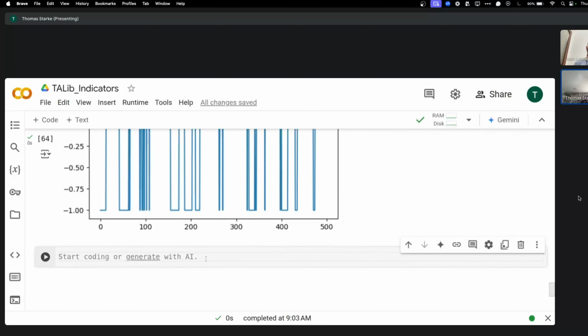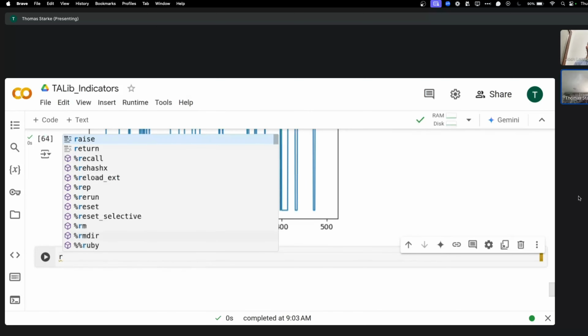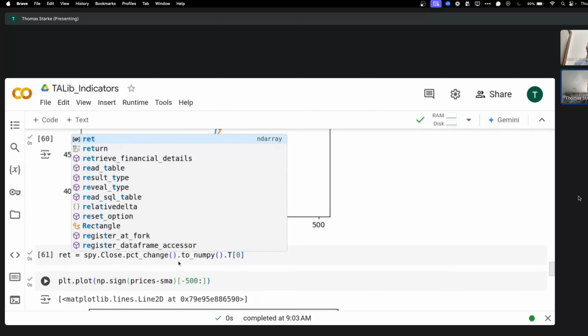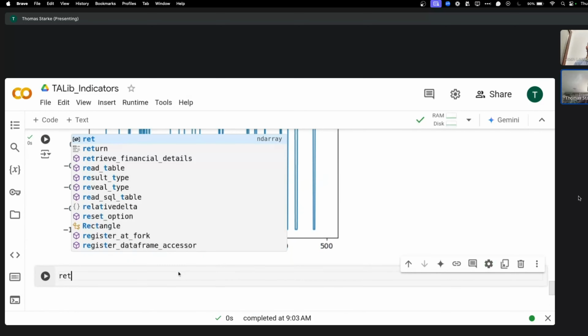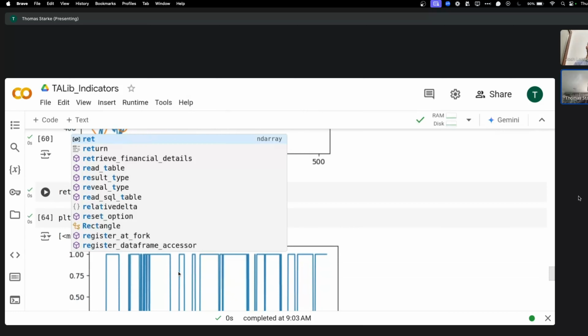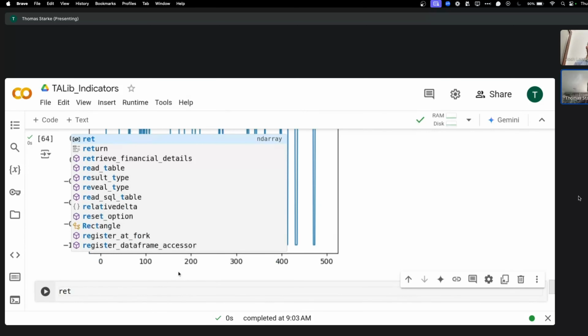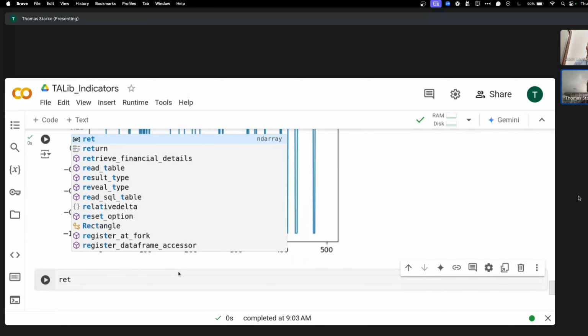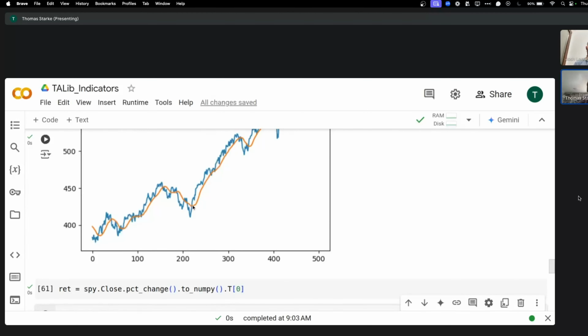And so what we can do is we can use our returns. And remember, what we need is to basically shift the return series to the left. Why do we do this? Because when we get a trading signal, for example, here, we basically get the signal at, let's say, time equals 0.